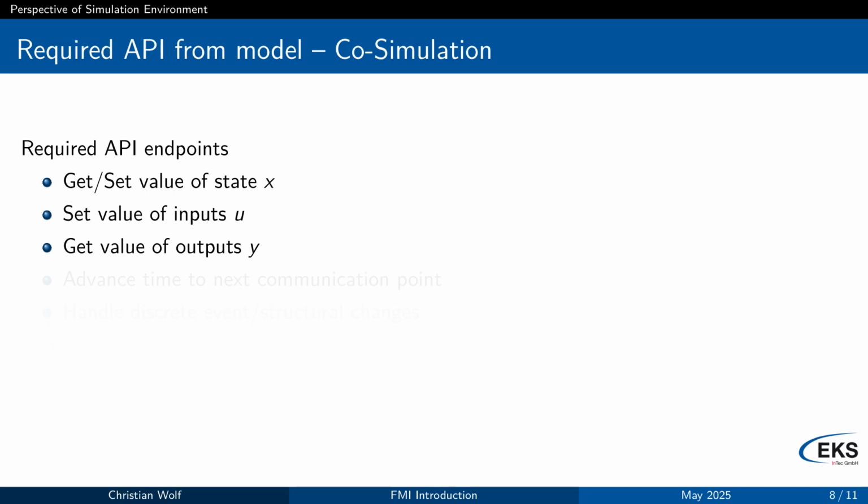So what do we need from a model? And here we look at the co-simulation as the most prominent one. We need to get or set the value of the state. So we need functions, not mathematical functions, but library functions that allow us to set and to get the value of this state X. We also need to set somehow the input value U, and we might need to get the output value Y. In fact, the FMU allows us to even get the inputs and set the outputs.